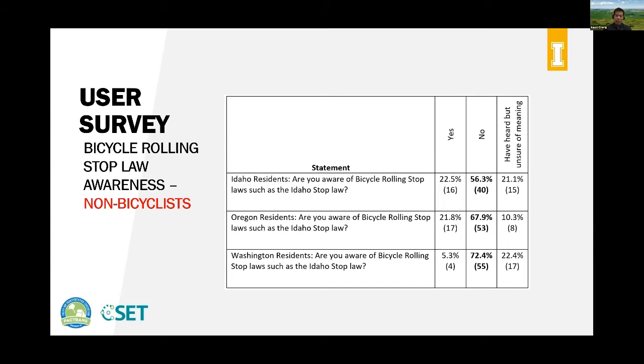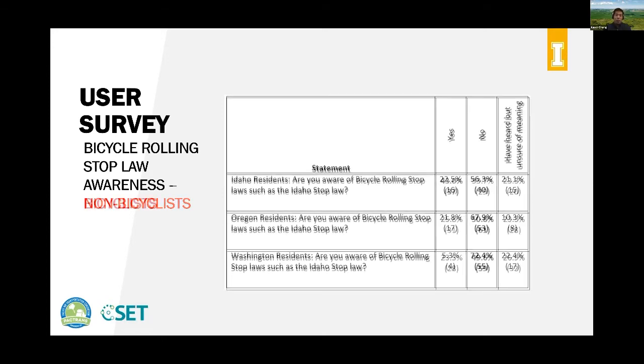And you can see that the responders that were very confident, really no more than about 1 in 5 in both Idaho and Oregon, and sadly in Washington State, which is where I live, we're down to just over 5% that have heard of the bicycle rolling stop law.